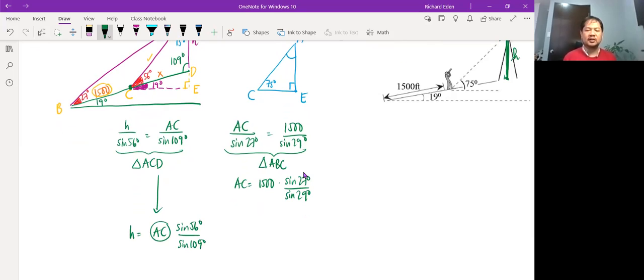In other words, h is equal to 1500 sine 27 degrees over the sine of 29 degrees times the sine of 56 degrees divided by the sine of 109 degrees. So many sines.